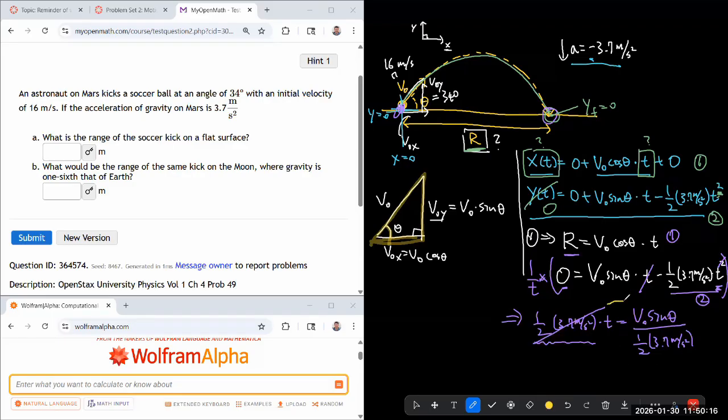So this is the tool that I'm going to use to eliminate t from my equation 1. I can plug this in for t there. That'll give me r. So r is equal to v naught cosine theta and then the t. Let me just not simplify anything this time.